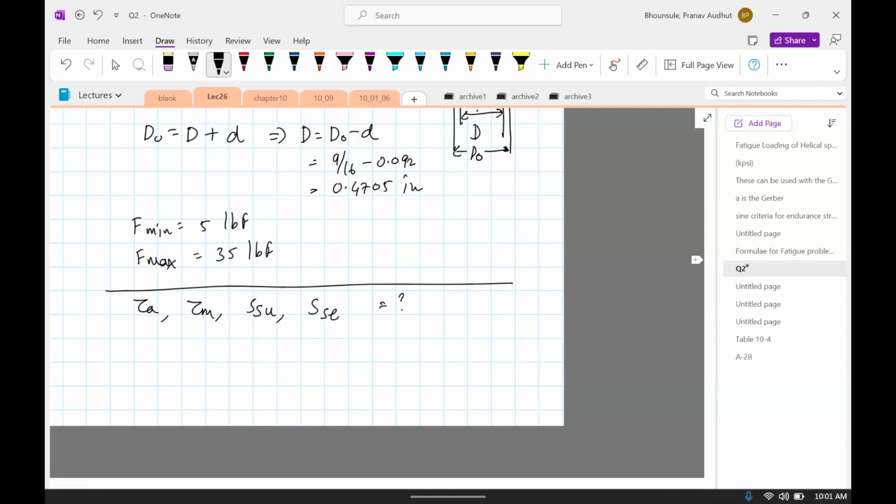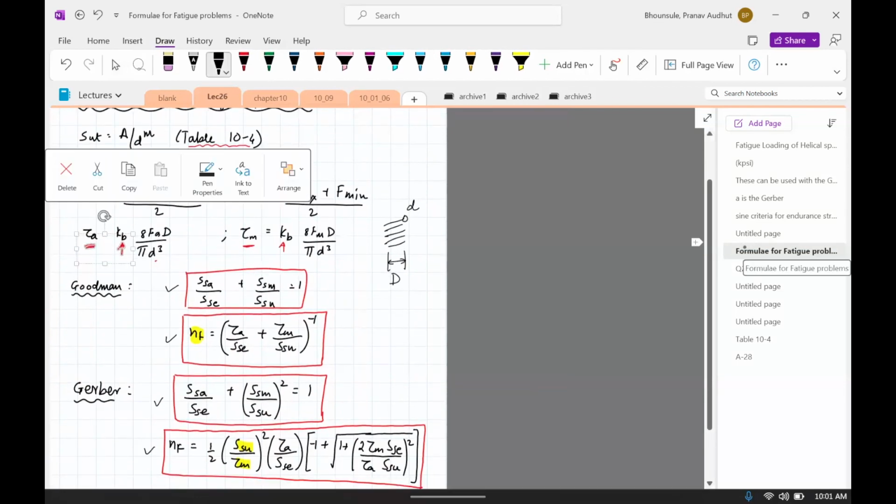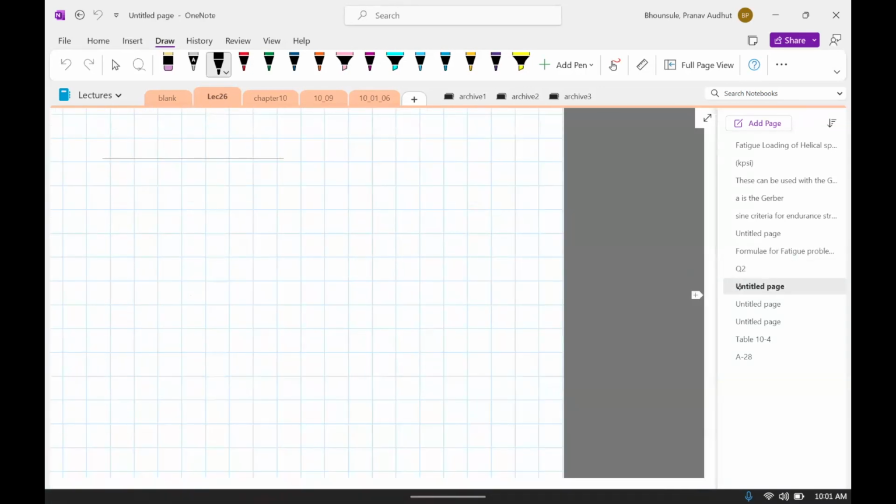Okay, so let's see how to compute tau A and tau M. I think we have the formula here. Tau A is KB 8FA D divided by pi d cube, and tau M is KB 8FM capital D divided by pi small d cube.